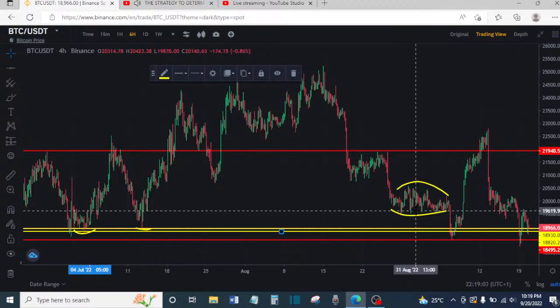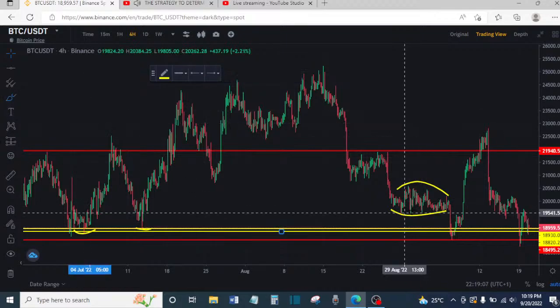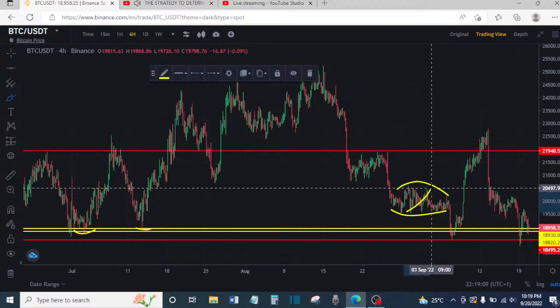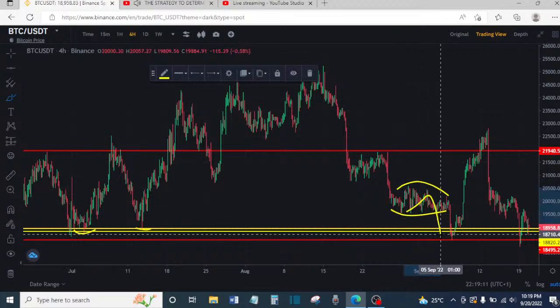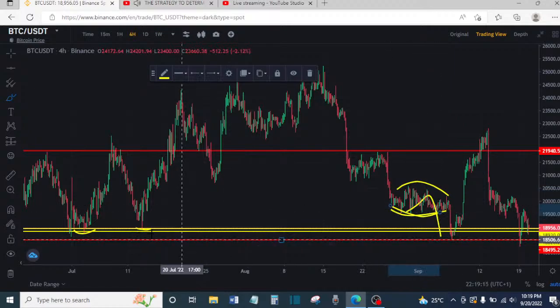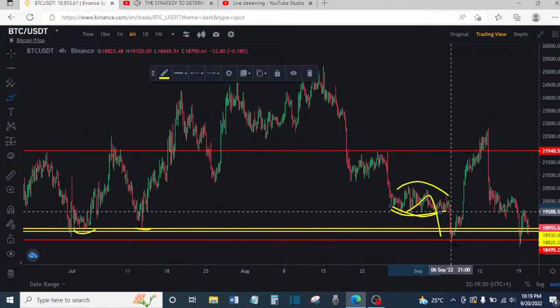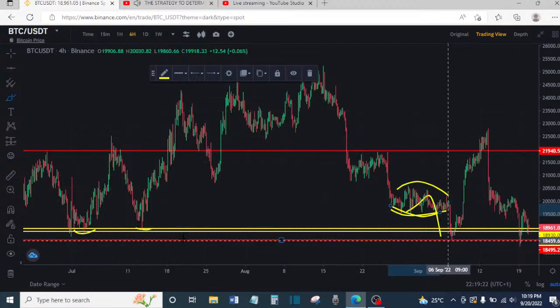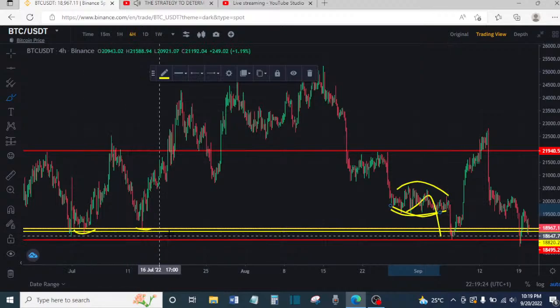So that miss created the opportunity. We had a minor retracement here before the takeout of the miss and the stops that created the miss. So they took out the stops that created the miss, which landed at this red line. They were able to take out these yellow lines.